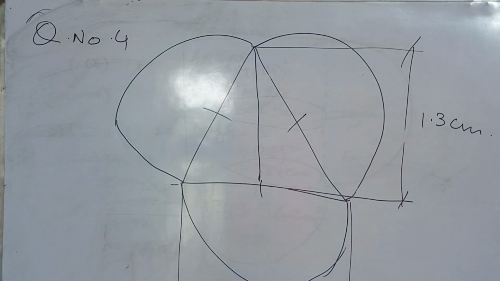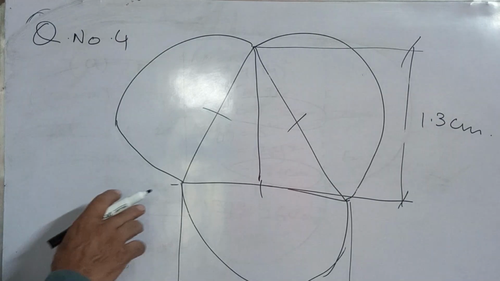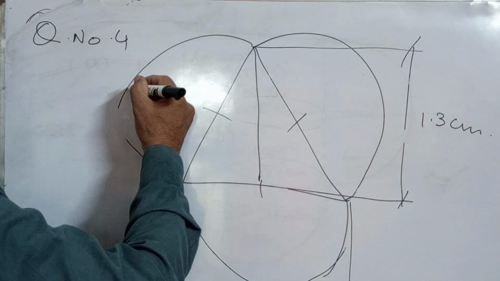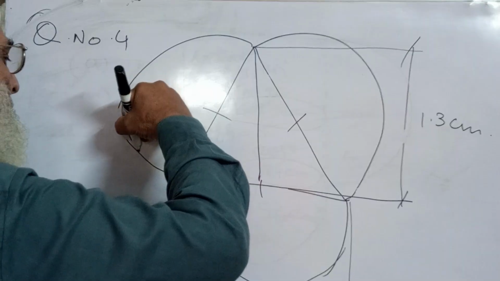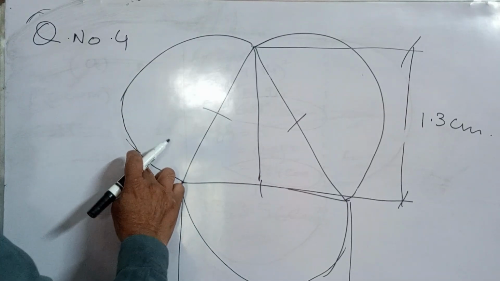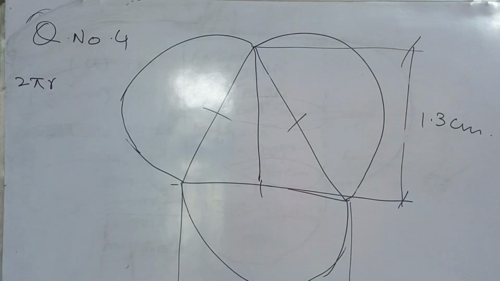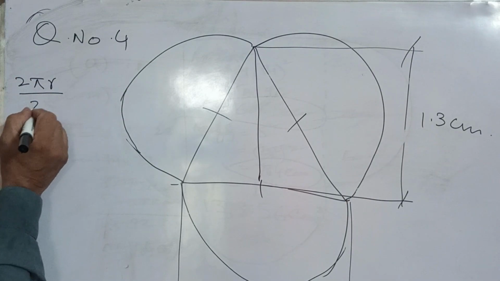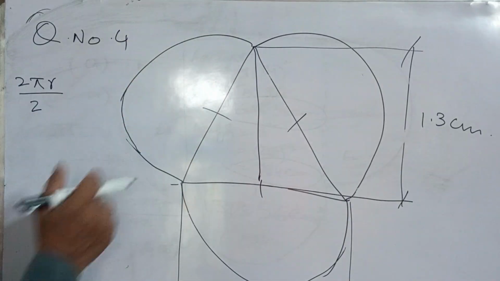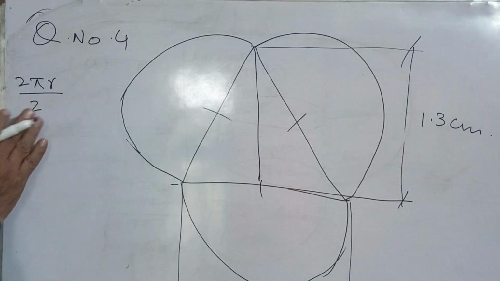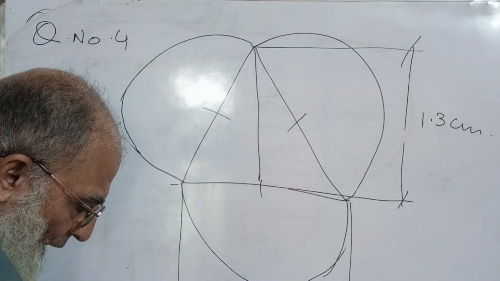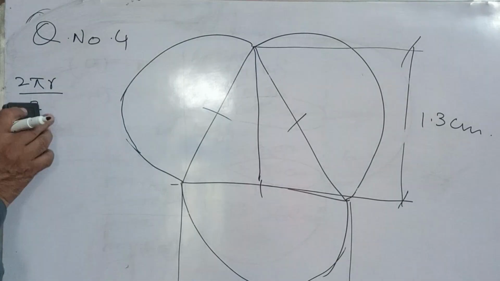So it is better that I find the circumference of one half circle. The circumference of a circle is 2 pi r, divided by 2 because it is a half circle, so it will remain only pi r.